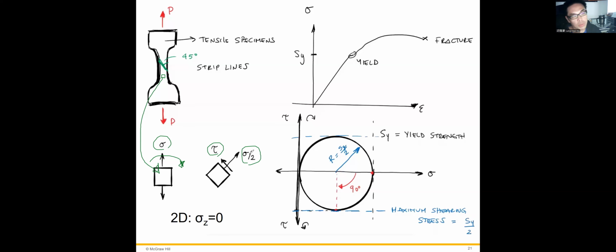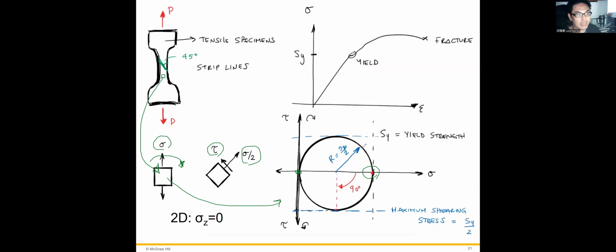Suppose this small element is under a tensile test with the plane stress state. So we have the principal stresses: sigma 1 equals the maximum principal stress, and sigma 2 equals 0. So we can plot this Mohr circle.